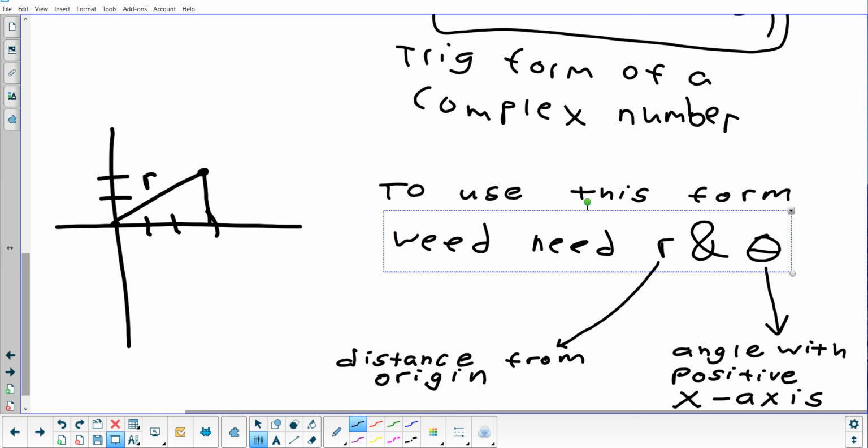There's your radius. That's your angle. Now, when you graph this point, 3 plus 2i, you're going to know the length of the bottom side and you're going to know the height. What trig function can you use to get your angle?